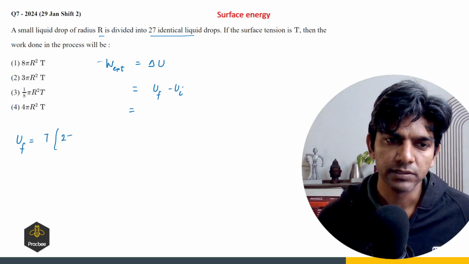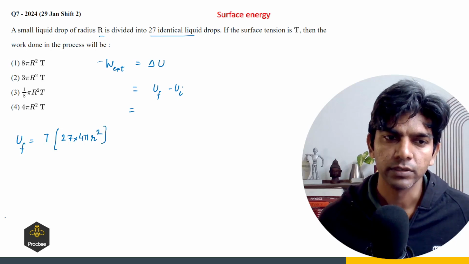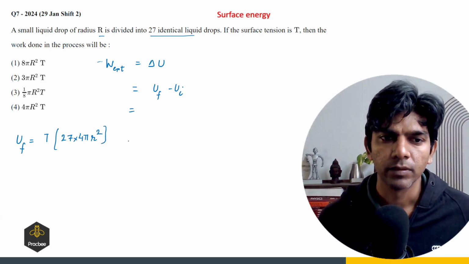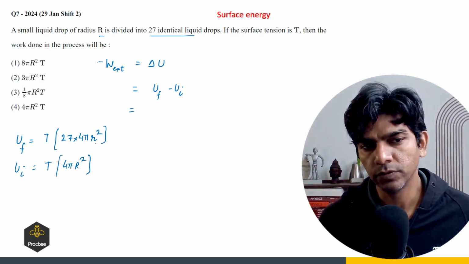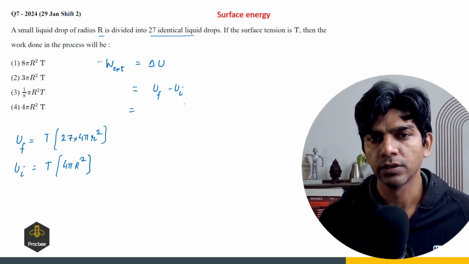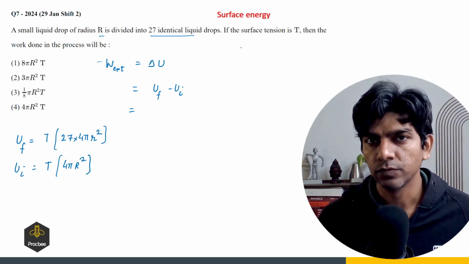So that will be 27 times 4 pi r square, right? And U initial is surface tension times 4 pi capital R square. Now we have to find the relation between small r square and the capital R square. So here we can conserve volume.